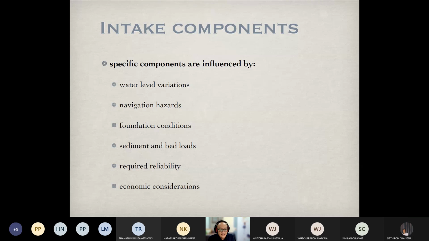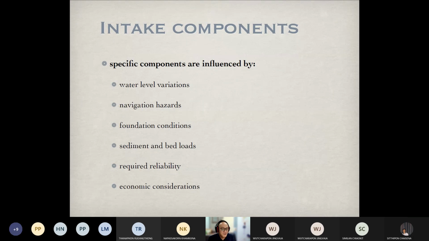Required reliability. No matter what is going to happen, the intake facilities need to be able to supply the water. If there's an earthquake, floods, or whatever disaster may occur, the intake facilities should actually be working.